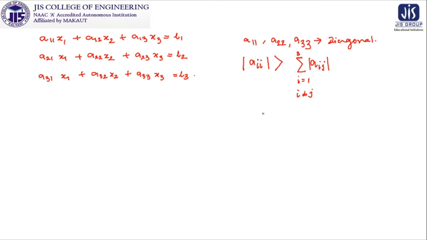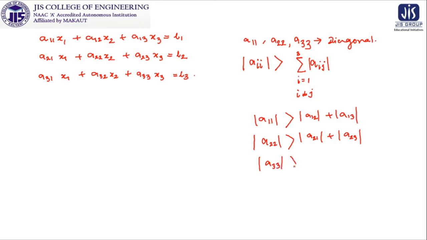So the first line we can write as a11 is greater than a12 plus a13. Similarly, a22 is greater than a21 plus a23, and a33 is greater than a31 plus a32.